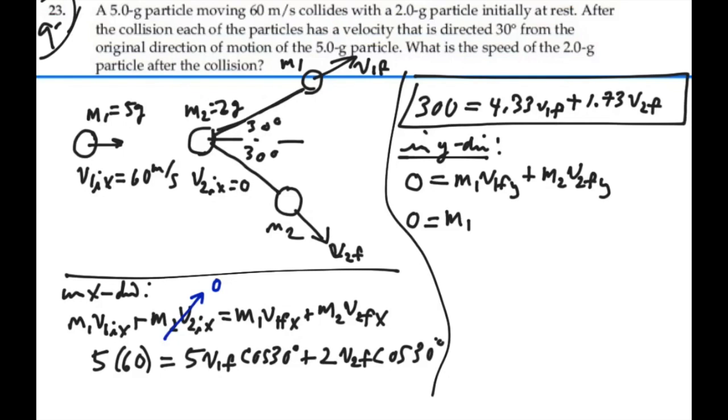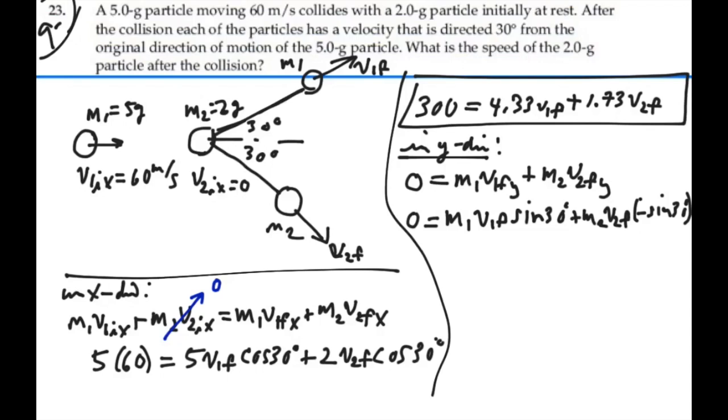Now v1 final in the y direction is going to be v1 final sine 30 degrees plus mass 2. v2 final in the y direction is going to be v2 final times a negative sine 30 degrees. In other words, that velocity, v2 final in the y direction, is going to be a negative velocity. It's going in the negative y direction.